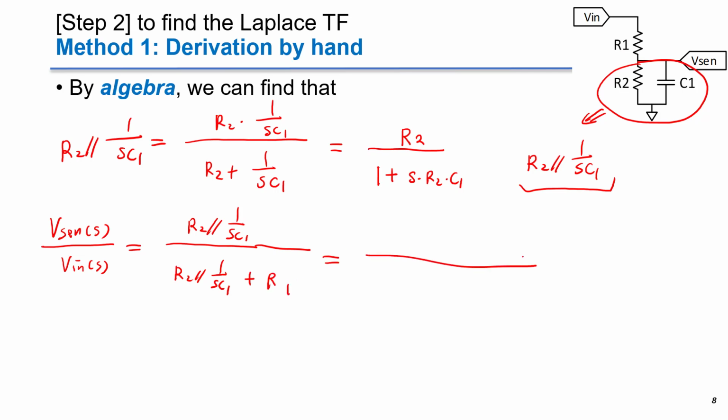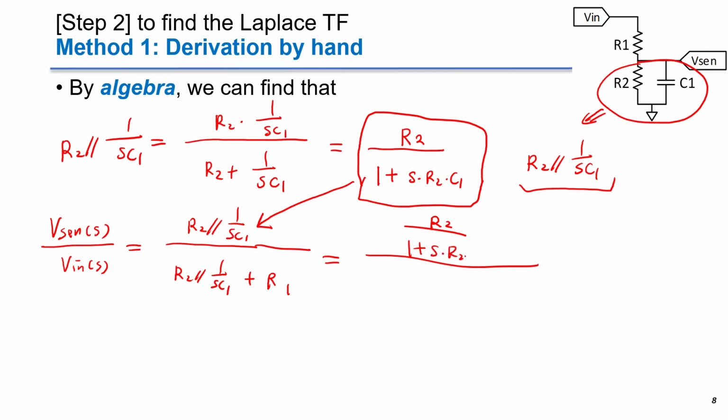So we put this part here to replace R2 in parallel with C1. Now we get R2 over 1 plus S times R2 times C1. The denominator is the same thing here, plus R1.